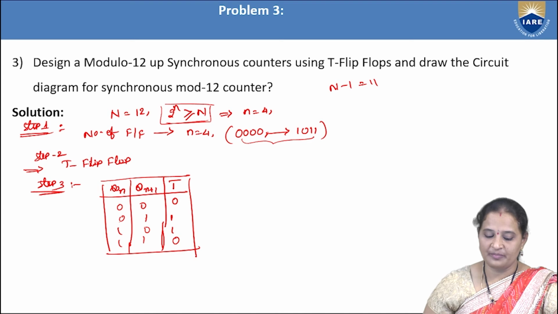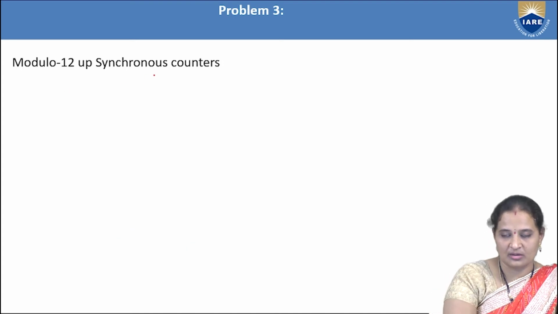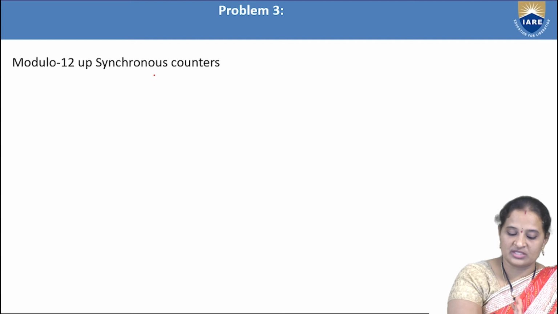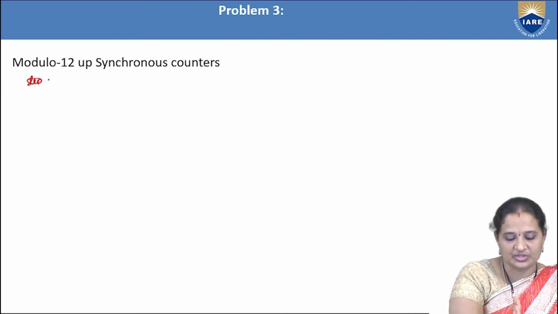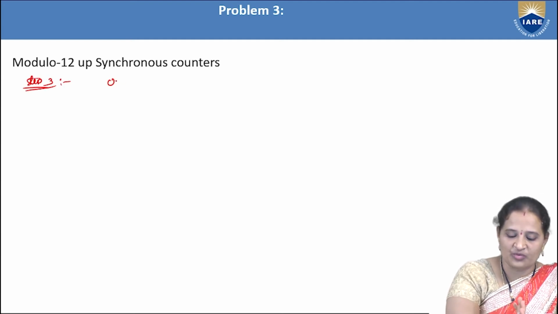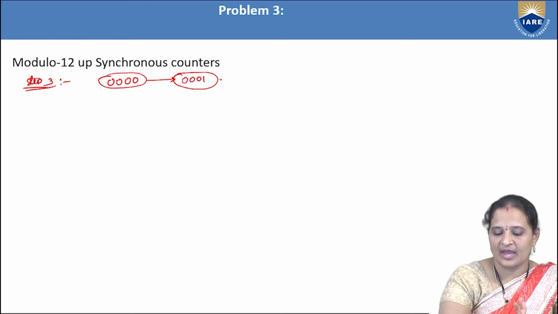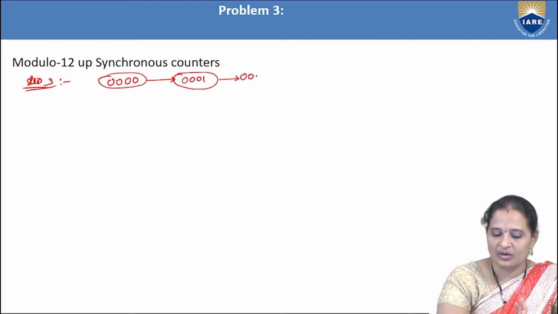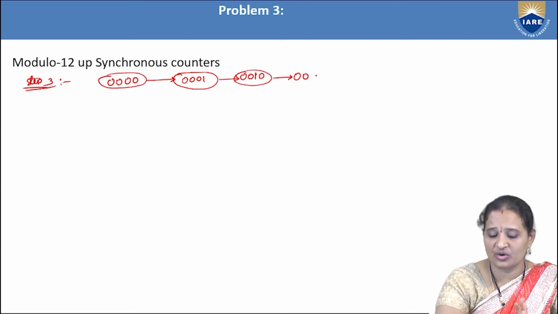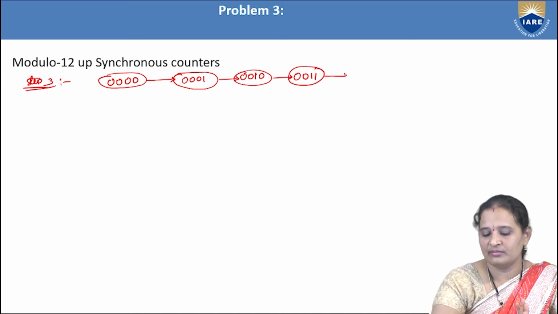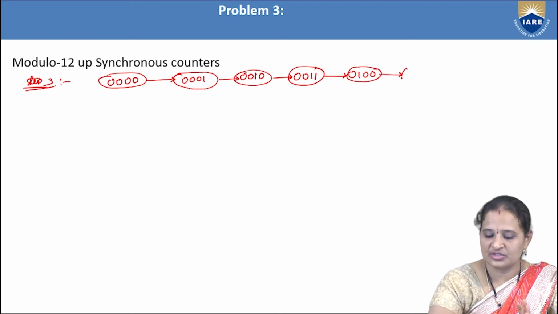After this excitation table, we need to draw the state diagram. Step 3, state diagram. So we have 4 flip-flops here, so the states will be 4-bit: 0000, 0001, 0010, 0011, then 0100, next 0101.